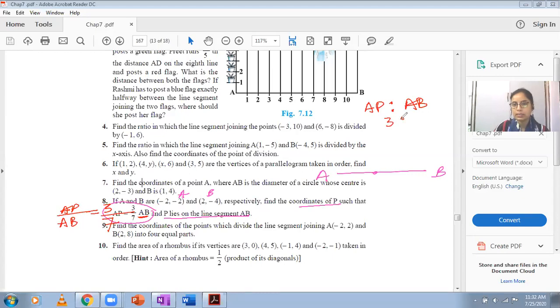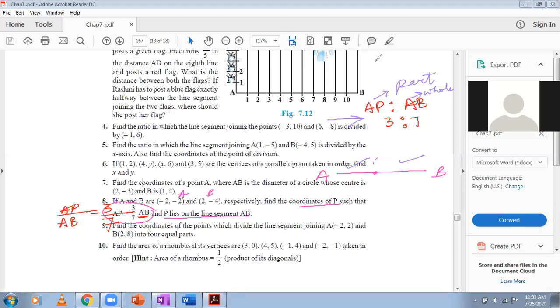This is 3:7. But when we use the section formula, the ratio that we actually need is for the parts. This is a part and this is the whole line segment. This doesn't work for us. What works is the ratio of AP with PB. With the help of this ratio, can we find out the ratio of these two parts?